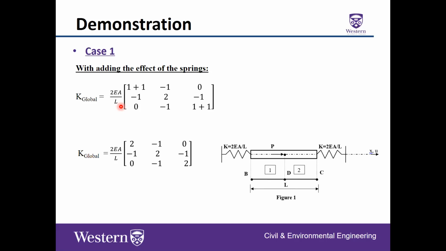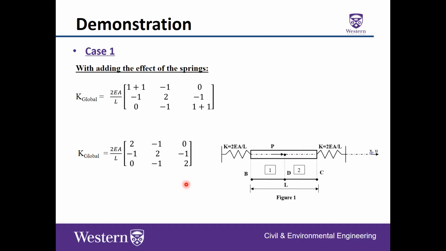All right, so finally, our global stiffness matrix, after adding the effect of the springs and the one that actually corresponds to this problem, will be 2EA over L times the matrix 2, minus 1, 0; minus 1, 2, minus 1; 0, minus 1, 2. So this is the one that we are going to use to solve the problem, to get the displacement, the stresses and the strains, and so on.